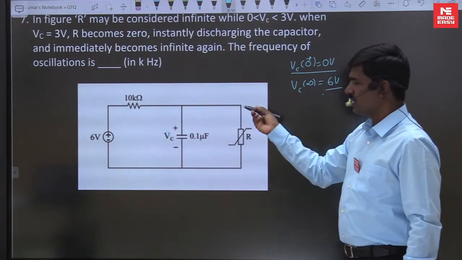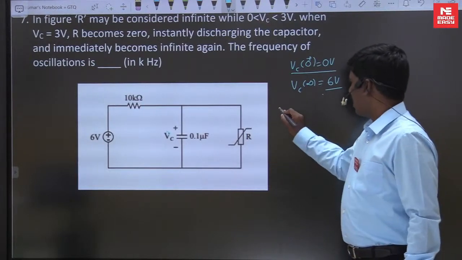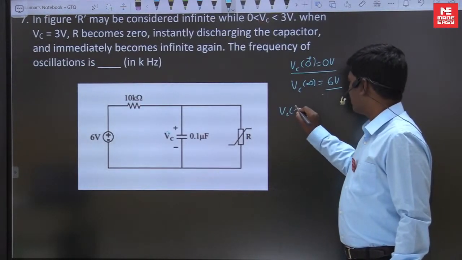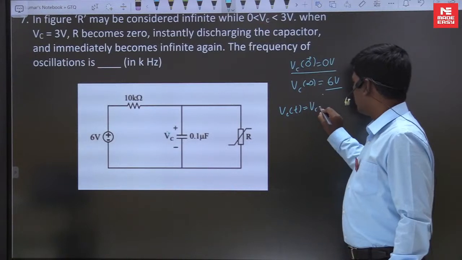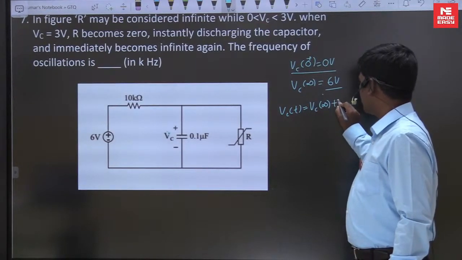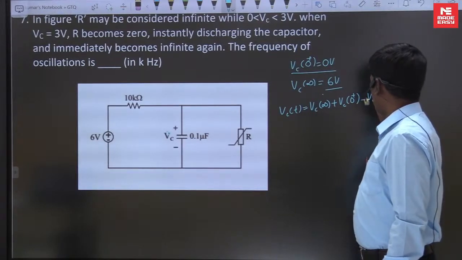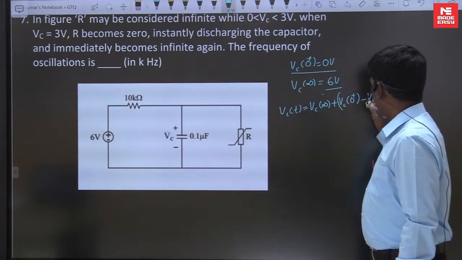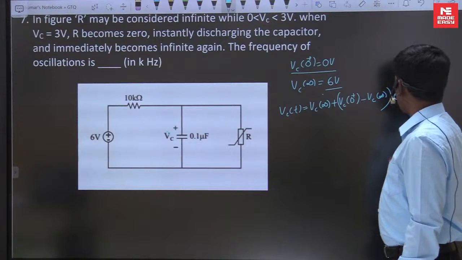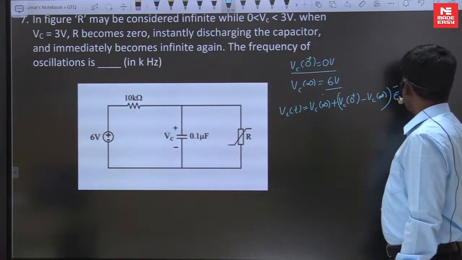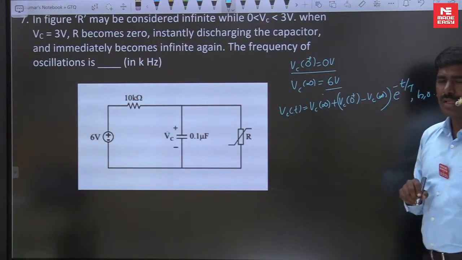Simply an RC circuit, a first order circuit. VC of t is equal to final value plus initial value minus final value into e power minus t by tau. This is the formula.